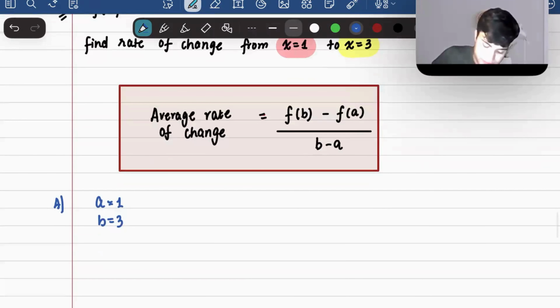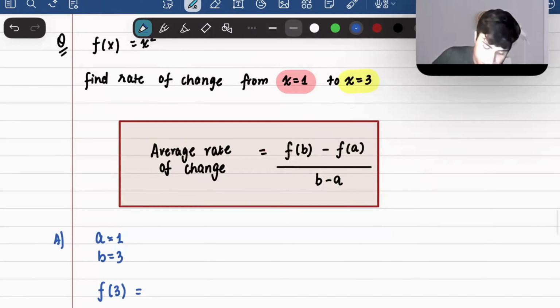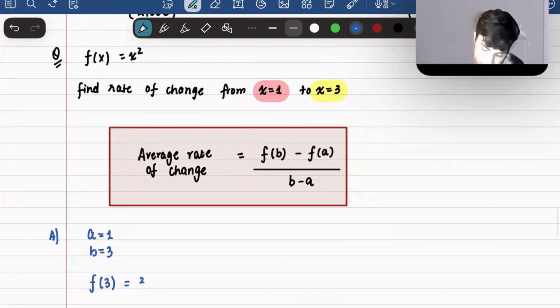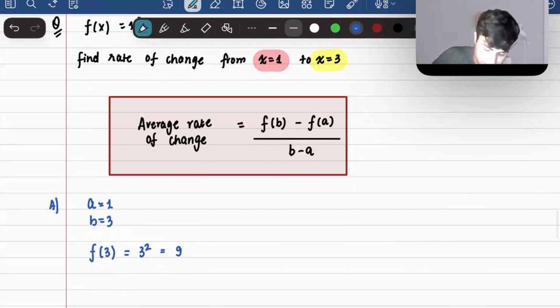So f of b would be f of 3. F of 3, according to the equation, would be 3 squared, which equals 9. Now I know the value there. Let's take f of 1, a. This is 1 squared, which stays as 1.